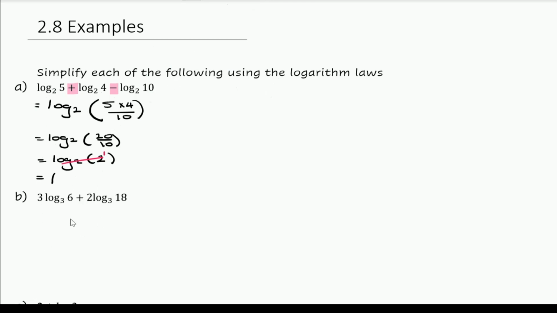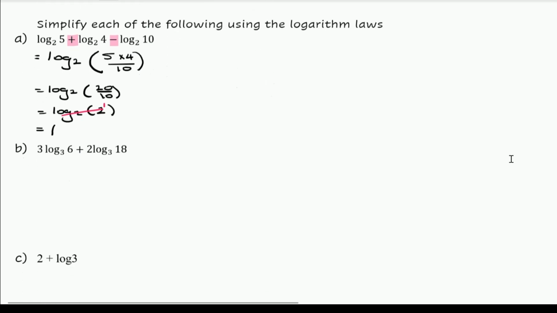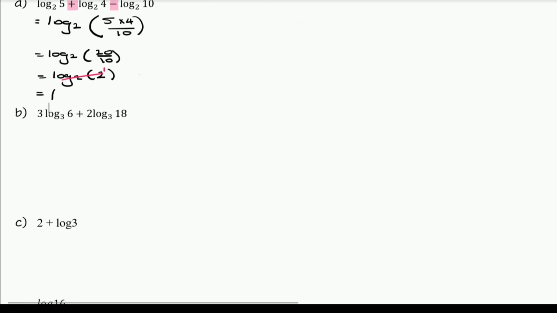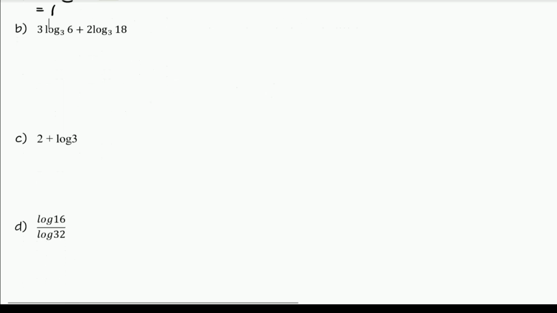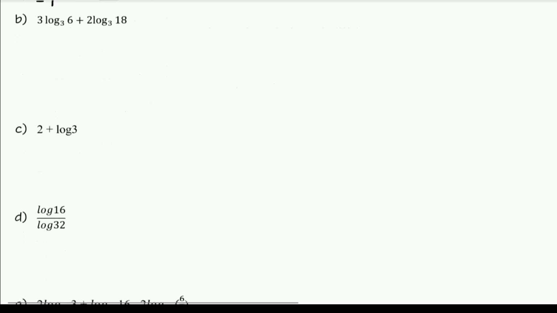Now let's have a look at this next example down here. So scroll this down a little bit. And what this has here is I've got myself 3 log base 3 of 6 plus 2 log base 3 of 18. And what I'm going to do first is I'm going to actually factorize this 6 here and this 18.